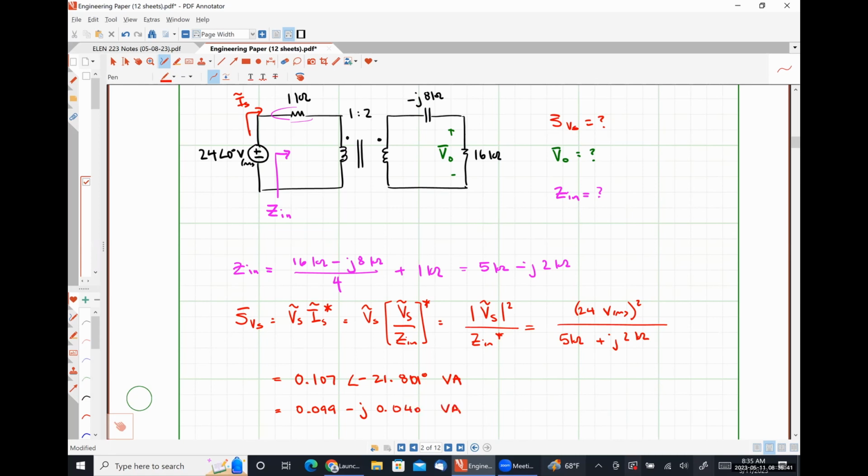Right? So there's our complex power supplied by our voltage source.